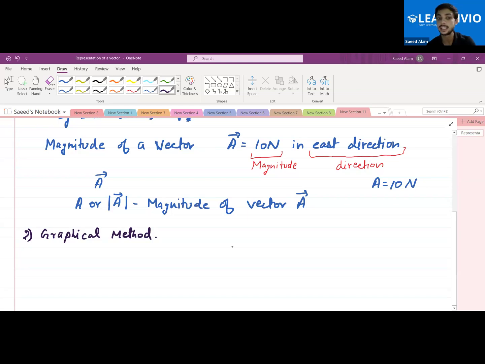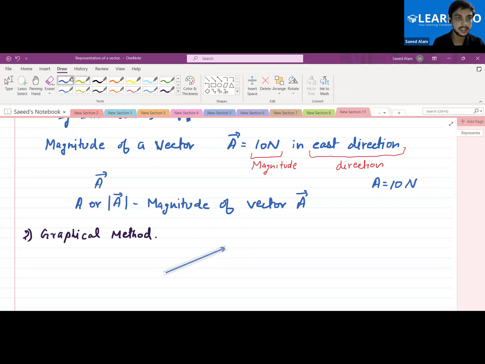We'll see just by diagrams how we can represent the vector. Diagrammatically, it is easier. We represent it with an arrow like this. This is how a particular vector is represented in the graphical method.